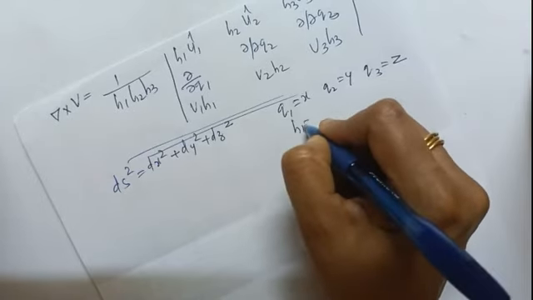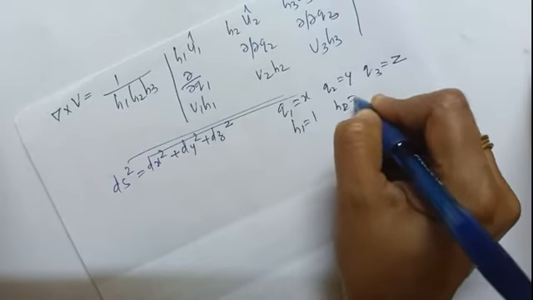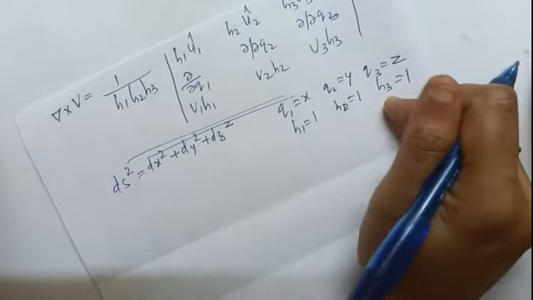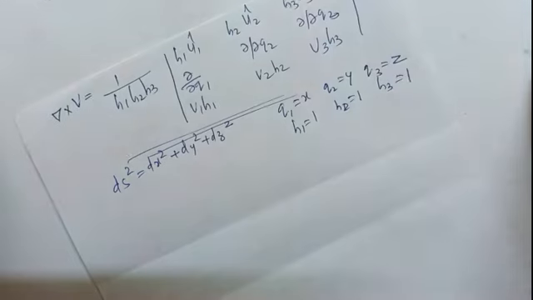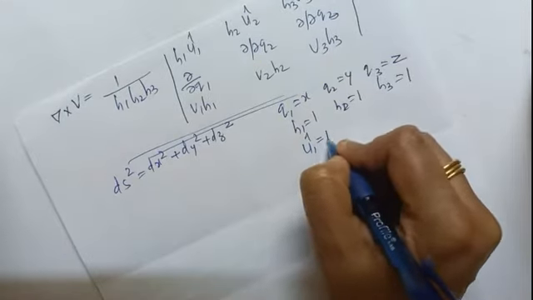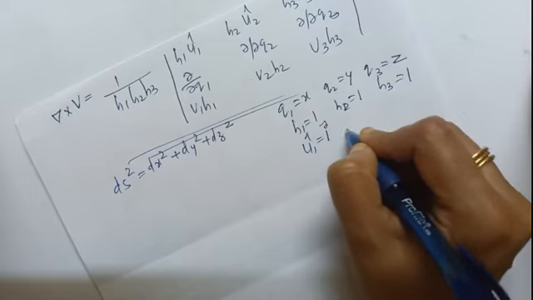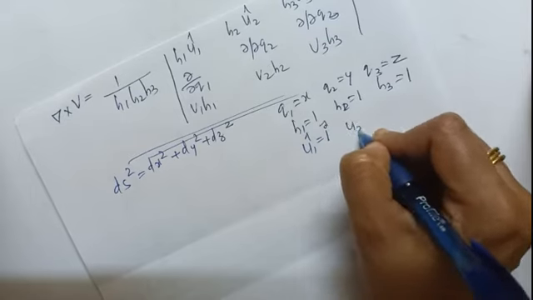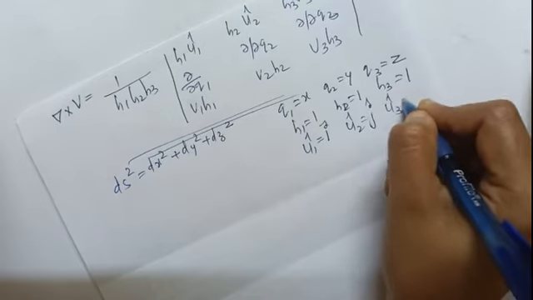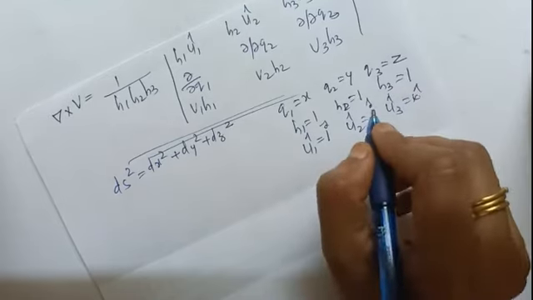In the introductory part, as I told, h1 is 1, h2 is 1, and h3 is 1. The scaling factor is 1 for the Cartesian coordinates. And also the basis vectors are u1 equal to i, u2 equal to j, and u3 equal to k.